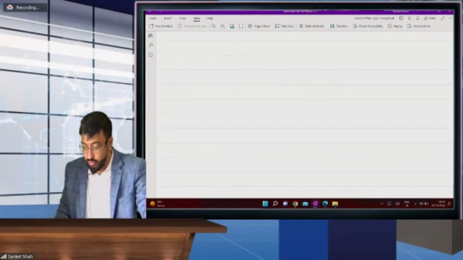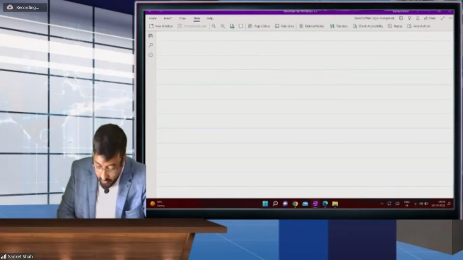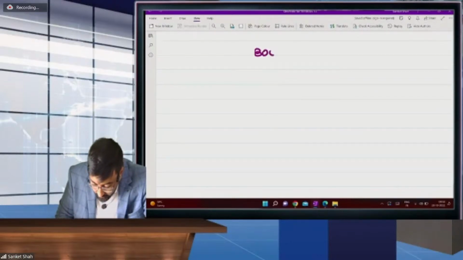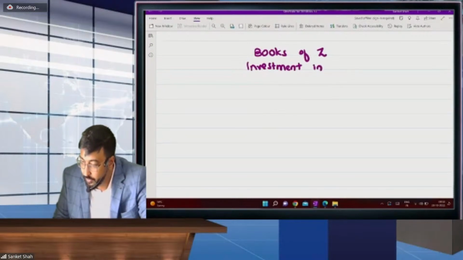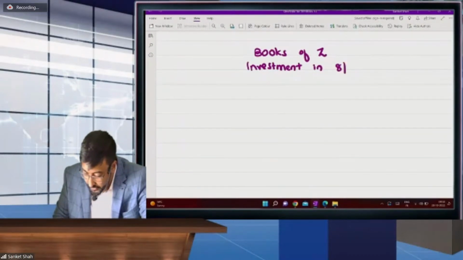Chaliye, so start. Write down books of Z, investment in 8% bonds account.